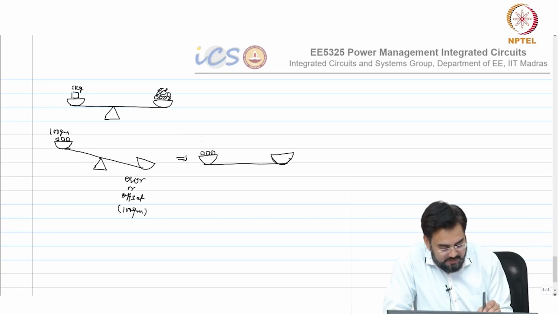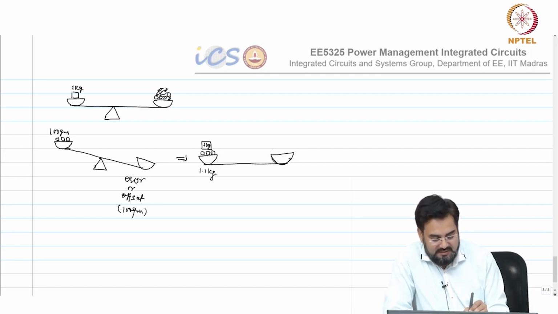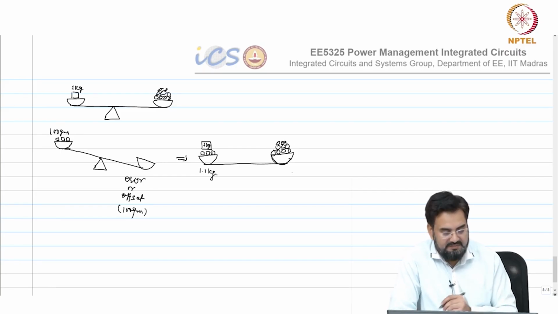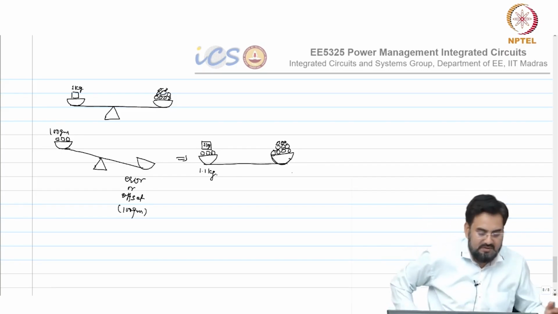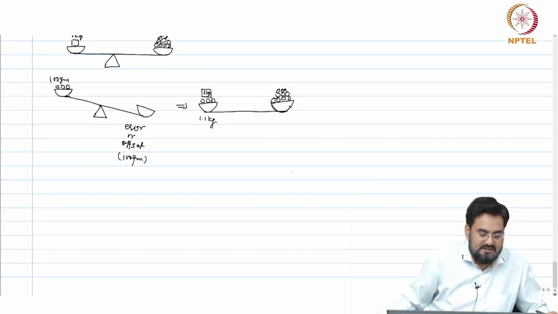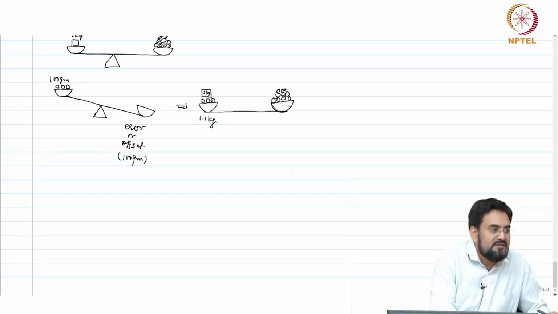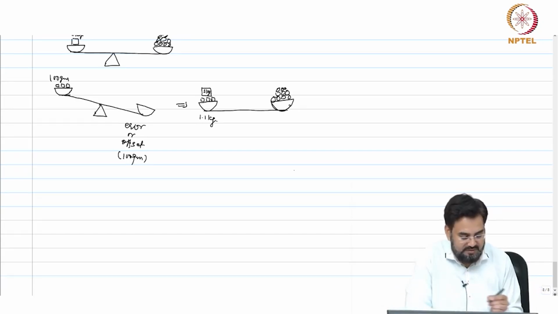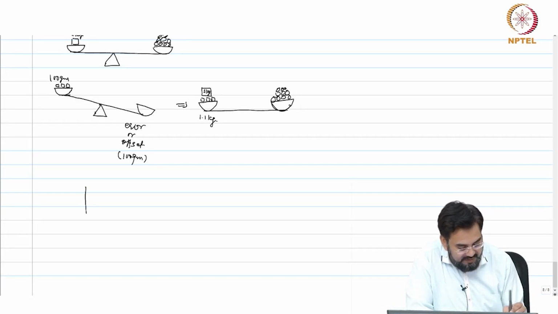So now you put 1 kg of weight here again, so the total weight is 1.1 kg, and now you get 100 grams extra apple. Effectively you are getting 1 kg of apple, because the 100 gram extra weight has cancelled out your offset. The same concept we apply in the amplifier. So let's see how we do it. So you have your amplifier.